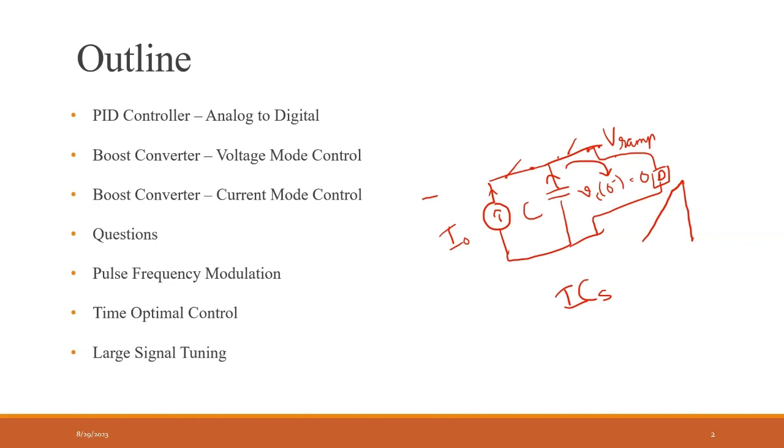Sir, in current mode control, suppose in peak current mode control, if we operate at a duty cycle less than 0.5, it is said the current loop has subharmonic instability.